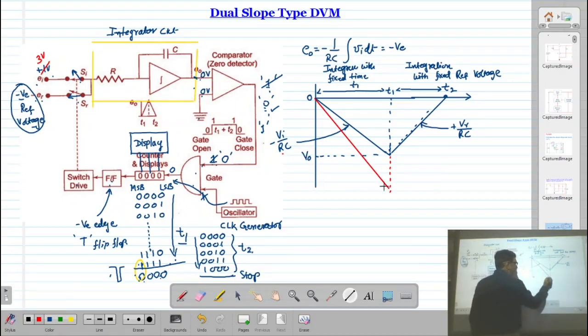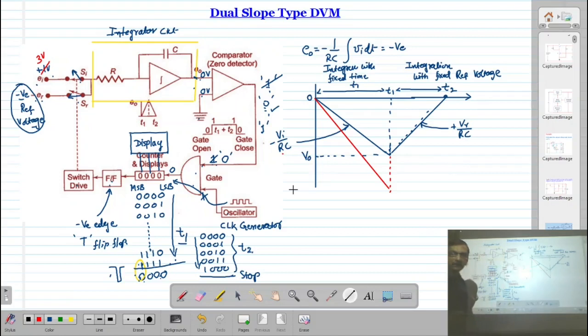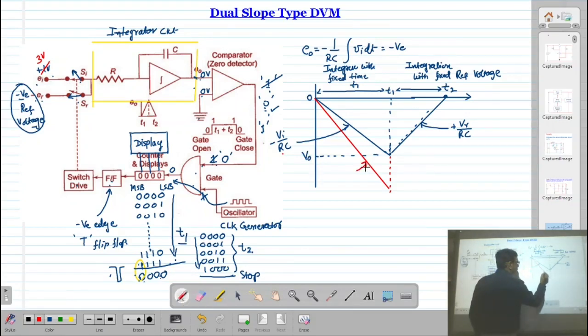So output voltage will be larger for a larger input voltage. So here you can say that this is for 3 volt, this is for 1 volt.